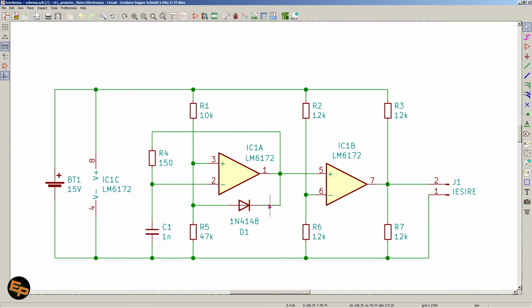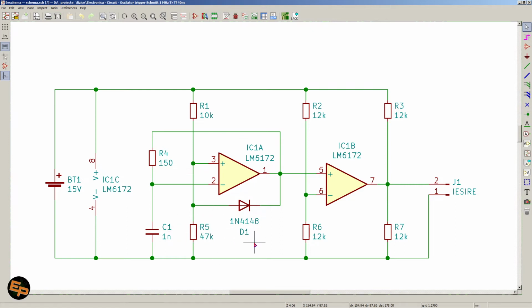That's when the capacitor will start to discharge through R4 and the op-amp, but the reference voltage will also change, because when the output is dragged down to about 1.5 volts, since the output is connected with this rectifying diode to the positive input, it will drag down this positive input.